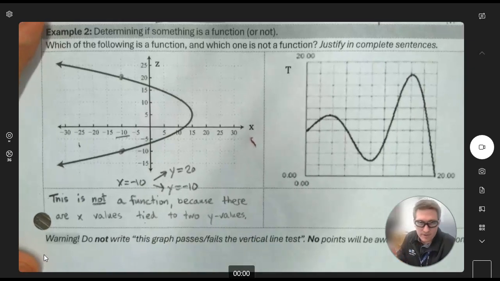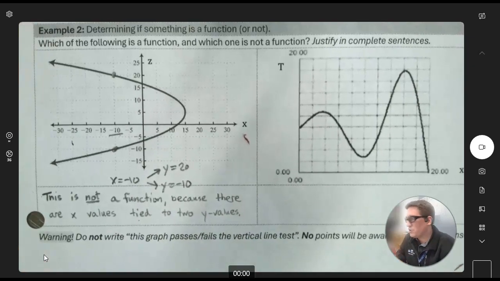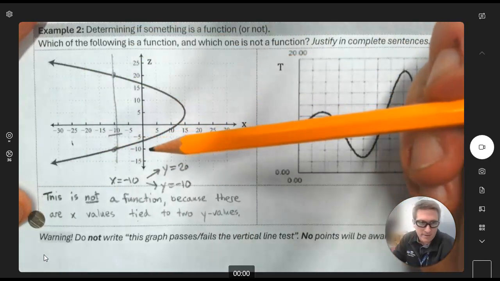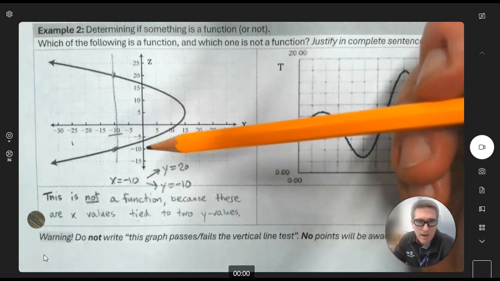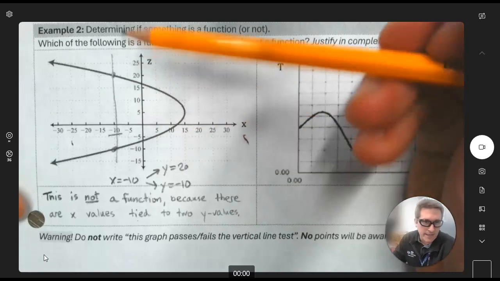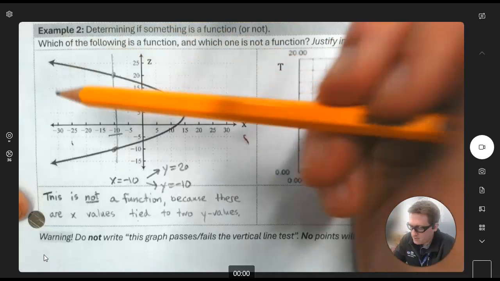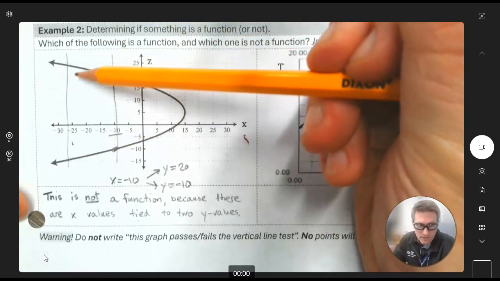Now, I want to be very clear that in algebra class, your algebra teacher was lazy and said, hey, does it pass the vertical line test? That means basically you draw a vertical line everywhere you can, and if there's even a single spot where it hits the line twice, a vertical line, then it's not a function, right? So this one fails a lot. This failed the vertical line test here.